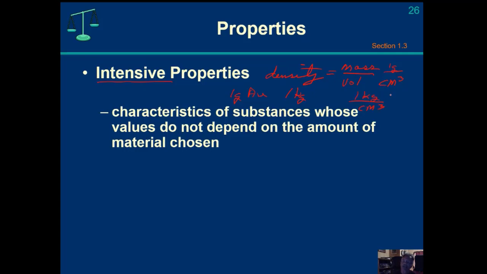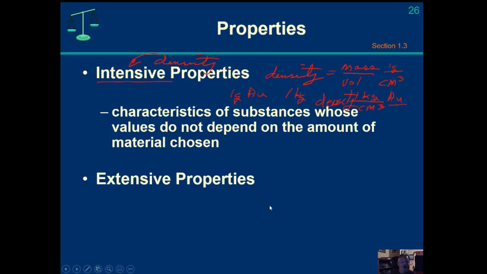If I take 1 kilogram of gold, I'm going to have the same density that I did if I had 1 gram of gold, because the volume will increase as the mass increases. And so density is definitely an intensive property.